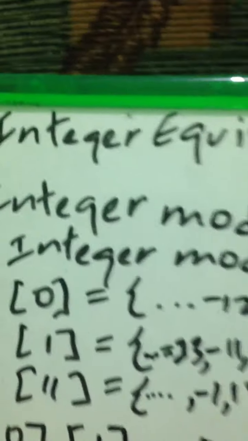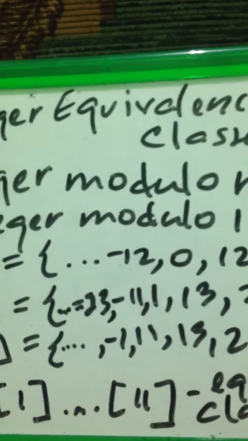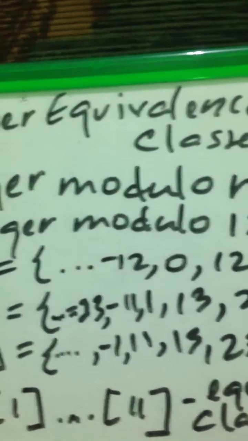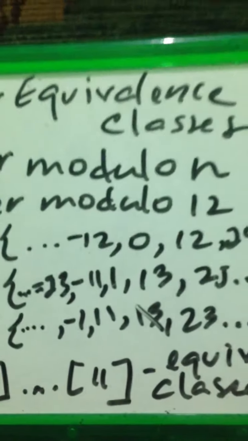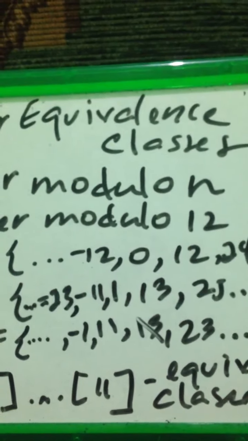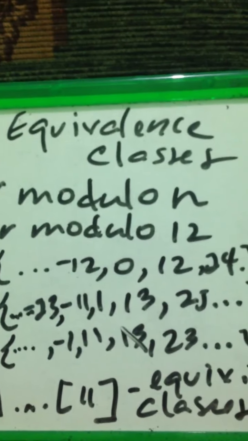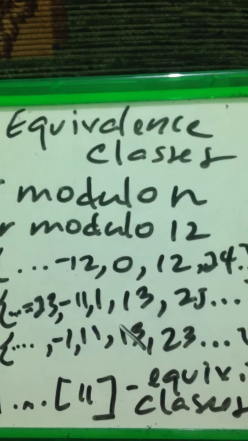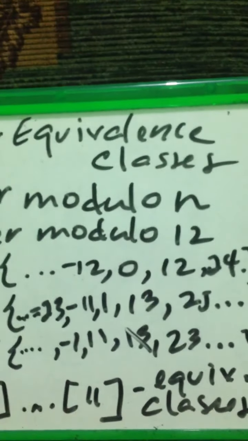Number 13 is not included there. 11 plus 12 is 23. Then to the right of 23, you'll add 12 again. That will give you 35, and it will go on infinitely to the right.